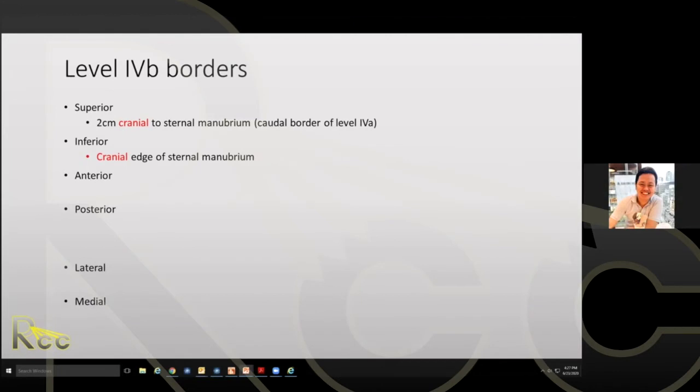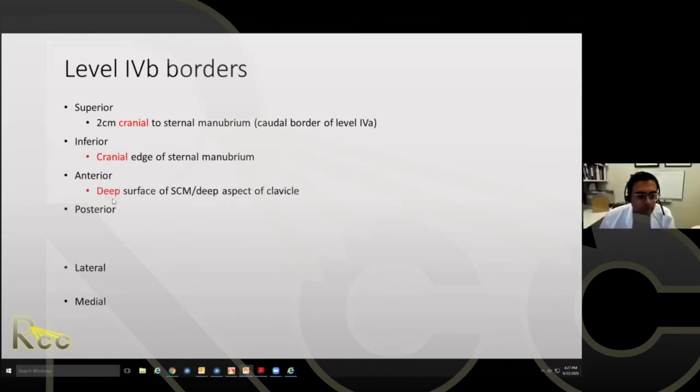Hi, good morning. I think the anterior border of level 4B is also SCM. Yep, so it's the deep surface of the SCM and the deep aspect of the clavicle as well that you can use as a guide. Posteriorly, does anyone want to take a guess?